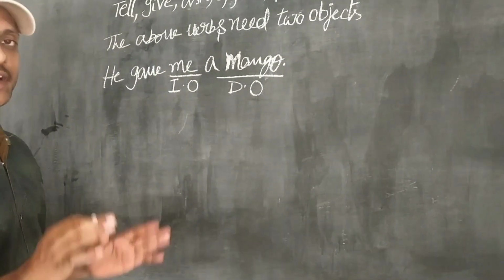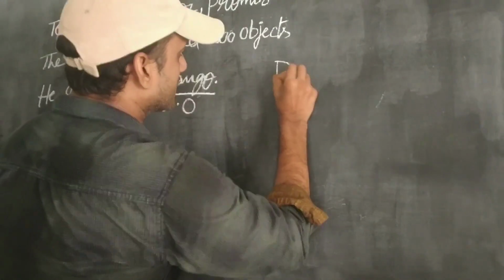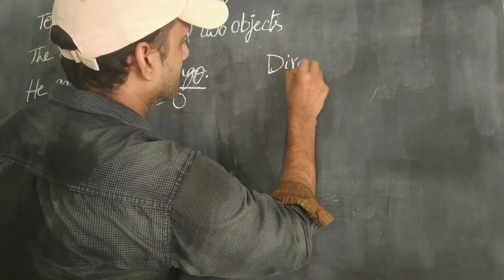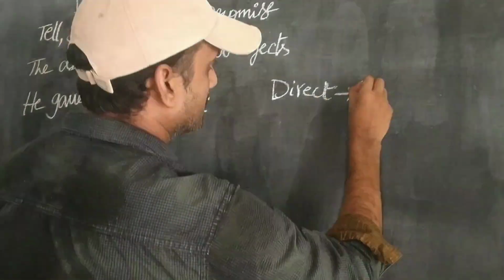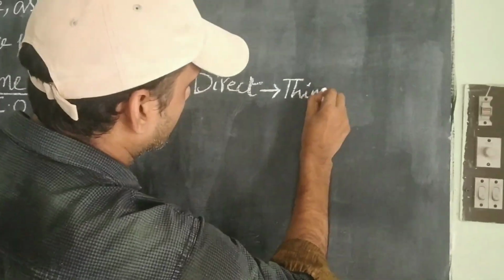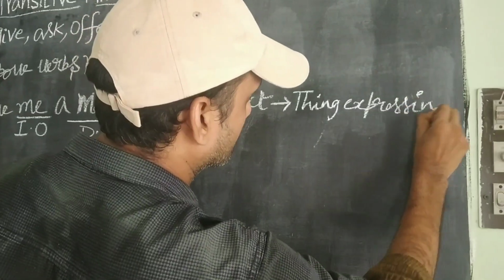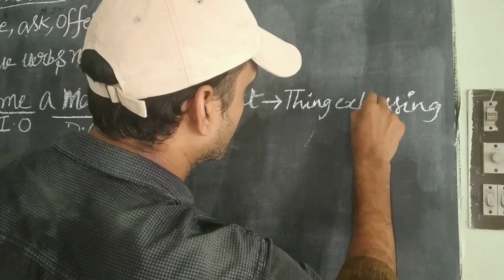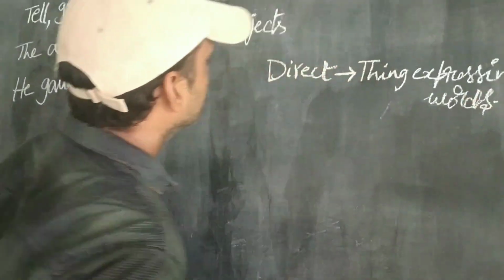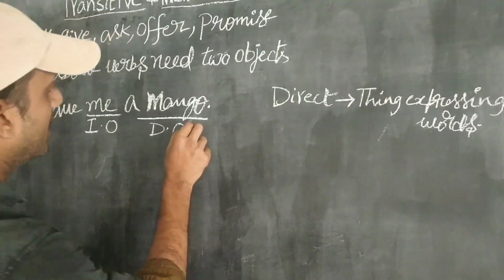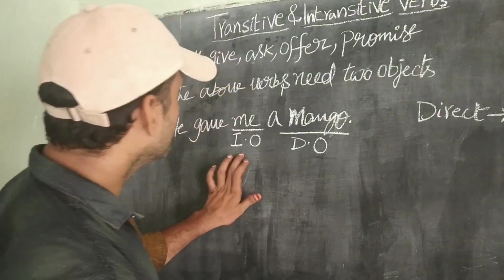How to identify direct object and indirect object? Let me tell you. Thing-expressing words can be called a direct object, for example, a mango here. Then what about indirect object?